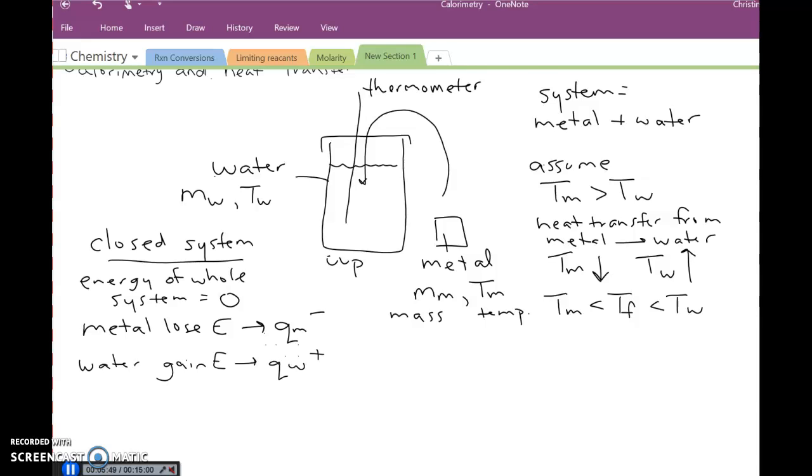So since this is a closed system, and the energy of the whole system equals 0, and we know that the metal plus the water equals the system, then we know that the Q value of the metal plus the Q value of the water equals 0. And that's how we prove that the energy in the metal is equal to the negative energy value of the water.